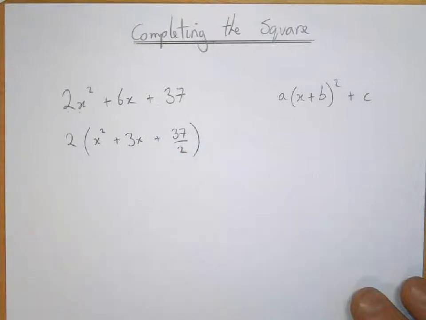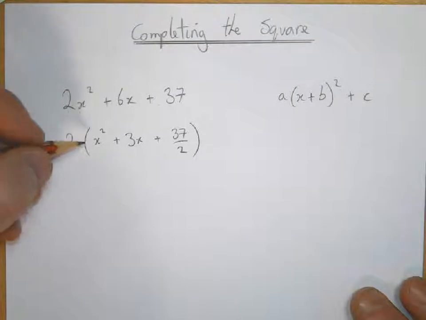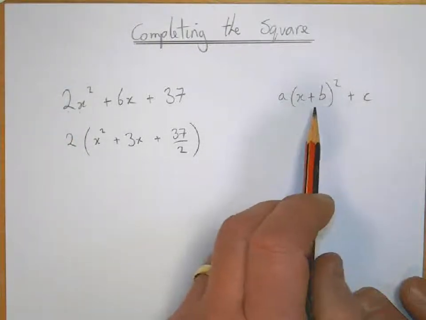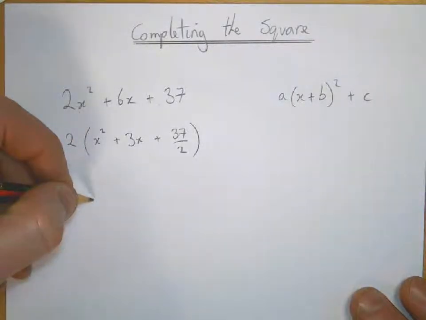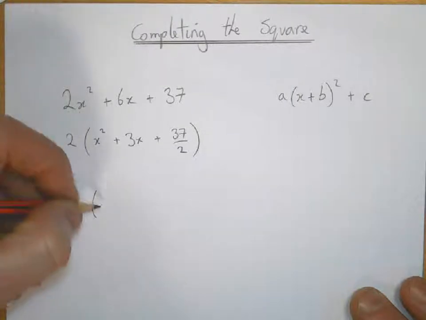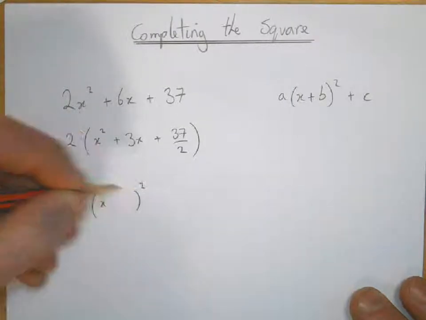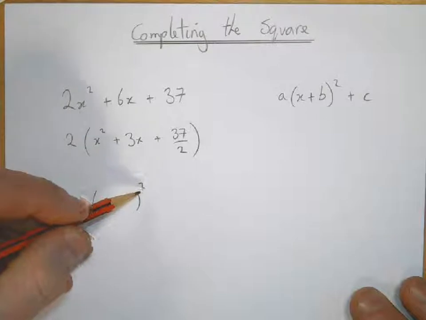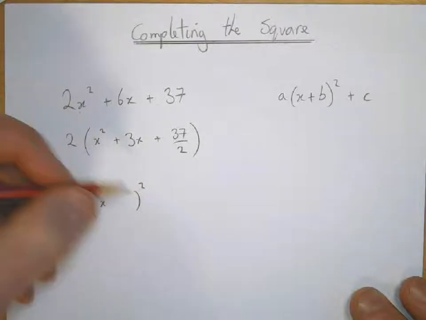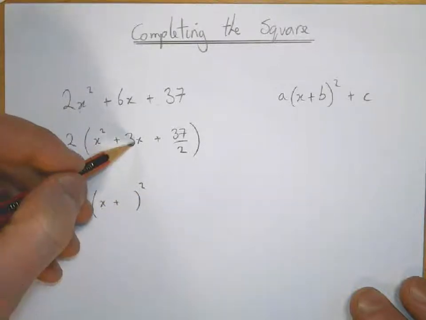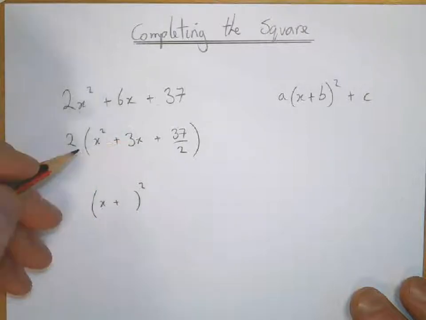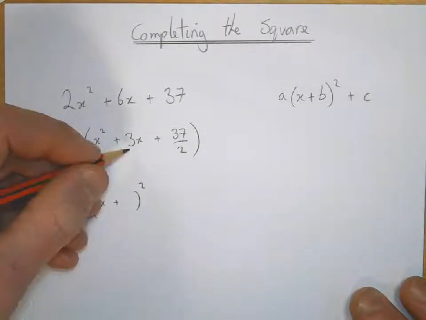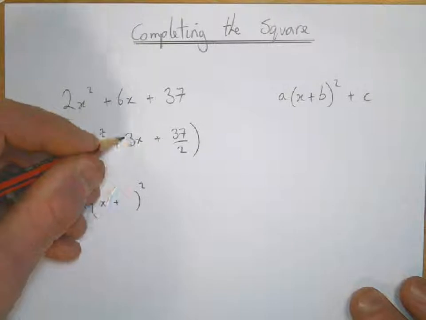The next thing you have to do is get this squared part. So let's just leave that for now and look at the squared part. We multiply a bracket like this, we do x squared. Now we want to try and get 3x here, and the best way of doing that is you divide this coefficient, this number here, by 2.